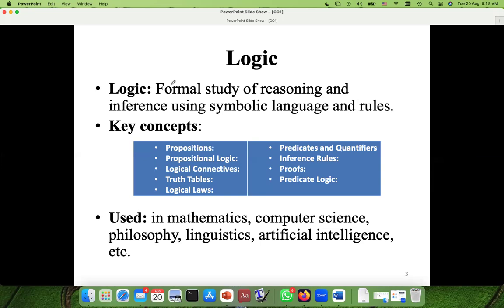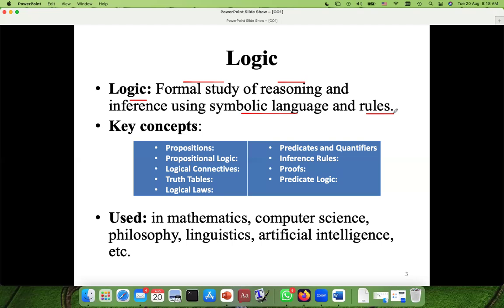It is a formal study. You can say it is a sub branch of mathematics in which you do reasoning and infer something by using some symbolic language or rules. In logic, you have some symbols and you have some rules.